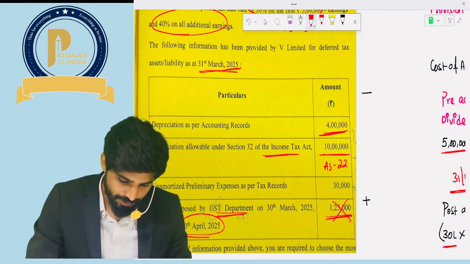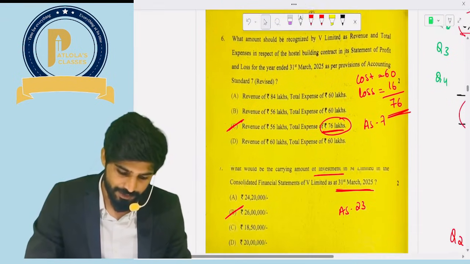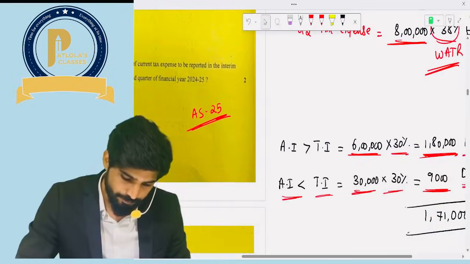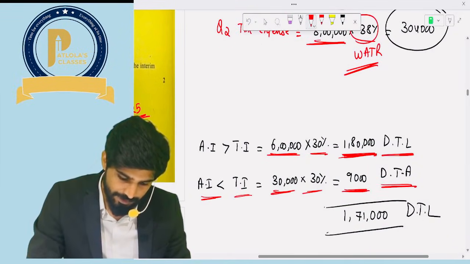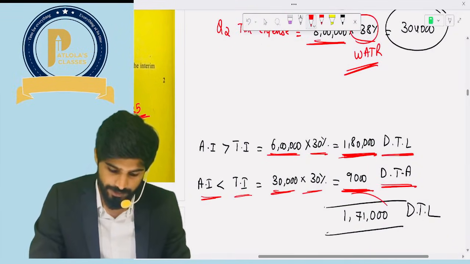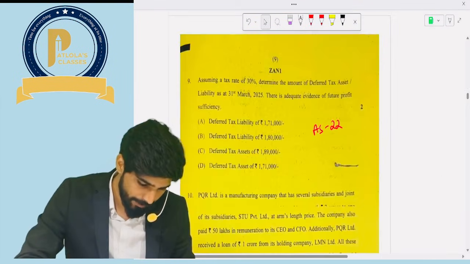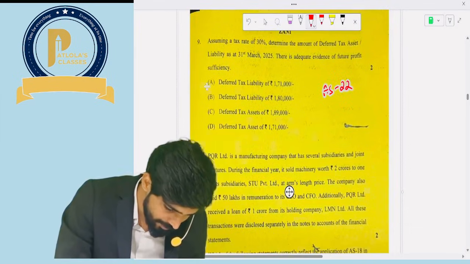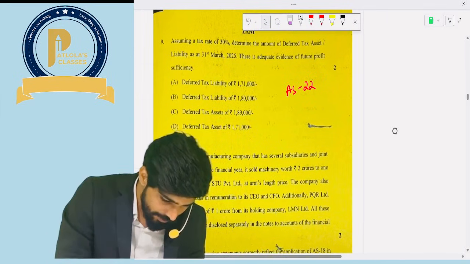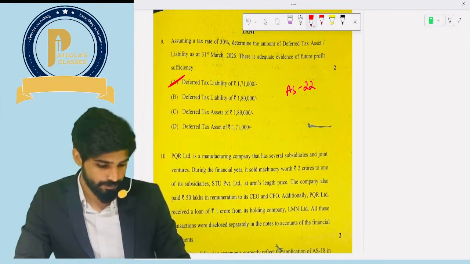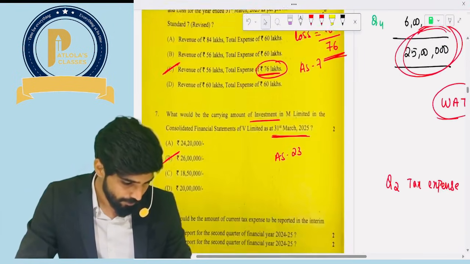So we should not consider this point. So the net answer would be DTL of 1,80,000 and DTA of 9,000. Net answer will be 1,71,000 deferred tax liability. So we have to create a deferred tax liability of 1,71,000.